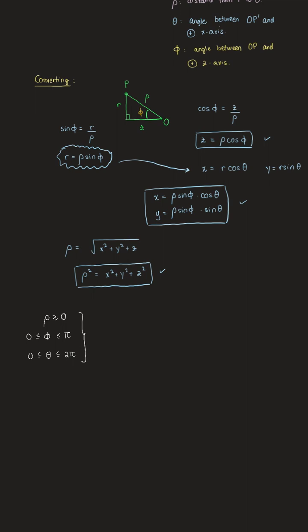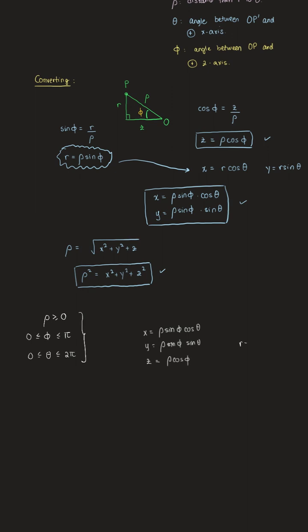And let's just summarize all of our information on conversion. So x is rho sine phi cosine theta. y is rho sine phi sine theta. z is rho cosine phi.